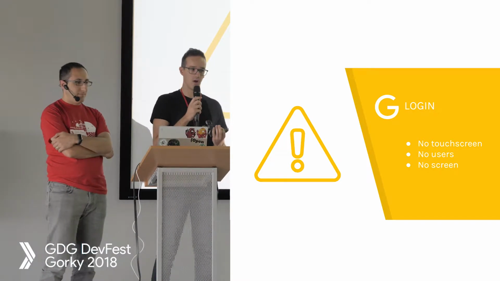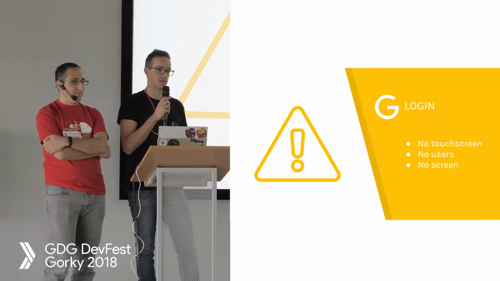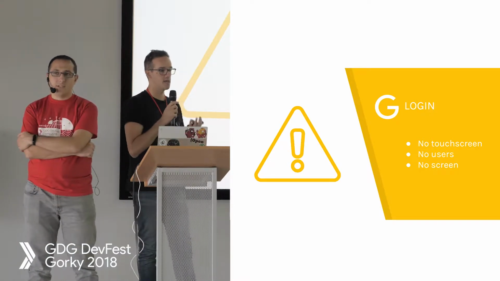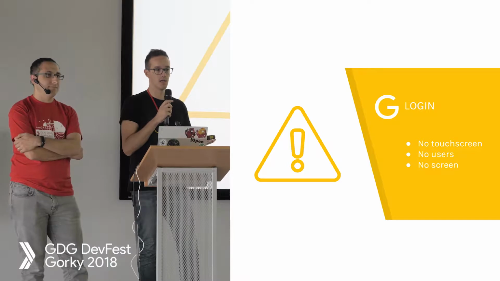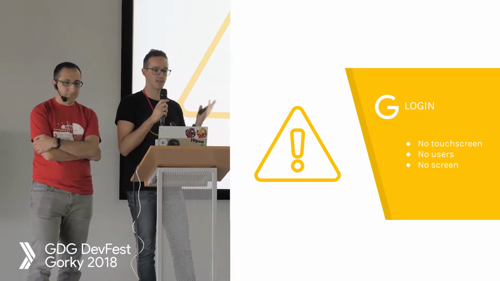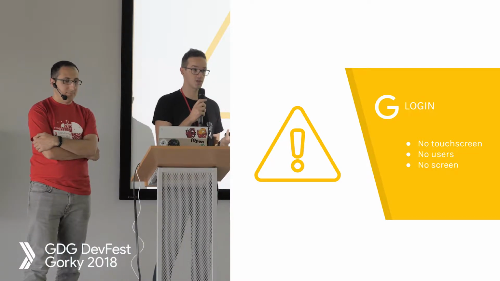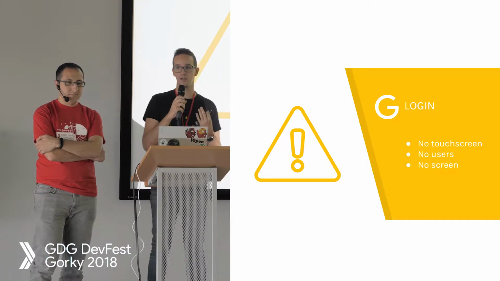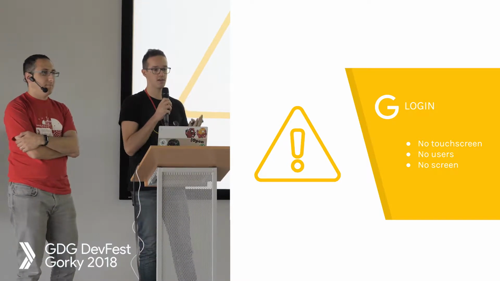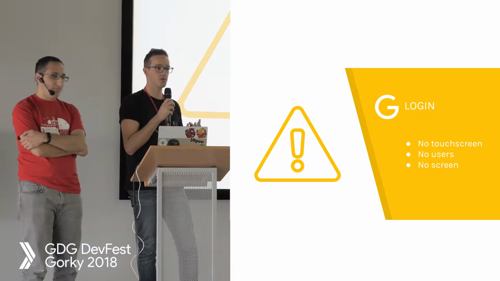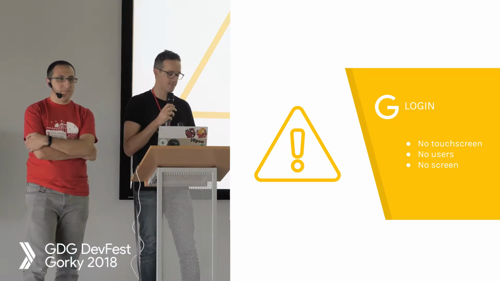Usually on a phone you would just use some traditional APIs, but on a device like the one that we built, which didn't have any touchscreen and didn't have users already logged in, you could not use the traditional approaches.